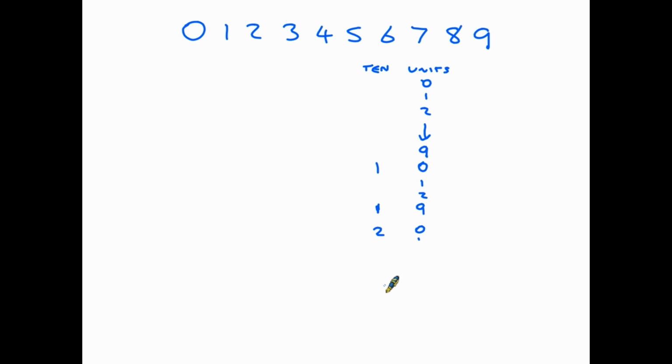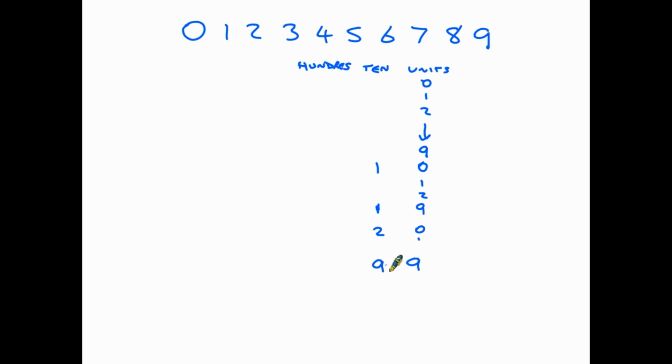And we continue with this system right until the point where we end up with the number 99. 9 tens and 9 units. We've again come to a point where I want to add one more to it, but I don't have any numbers left.